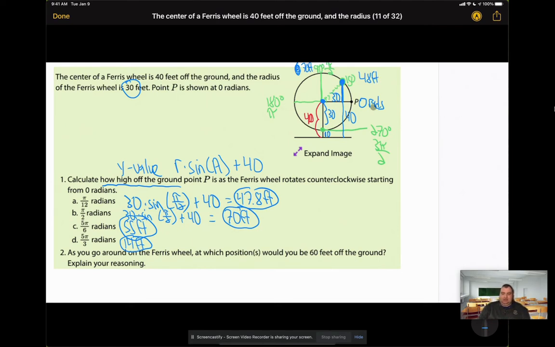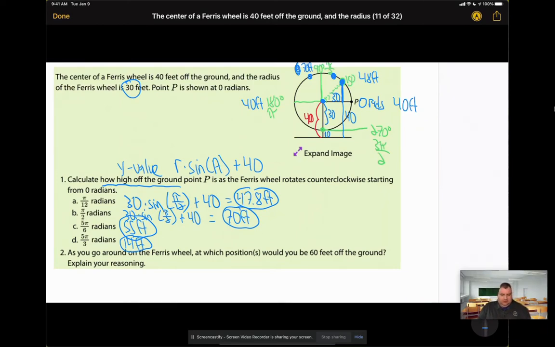And directly right of center and directly left of center, that is 40 feet off the ground. So it's going to hit 60 feet somewhere in here and somewhere in here. And it's just a matter of figuring out what that angle is, okay?